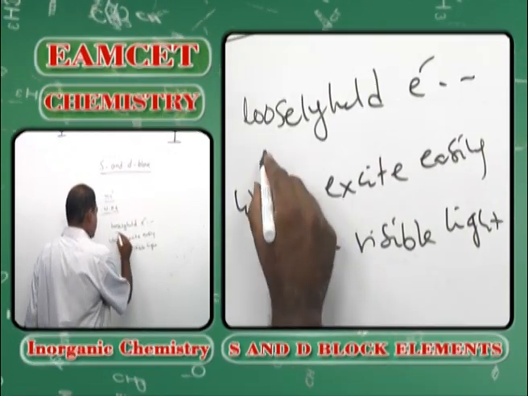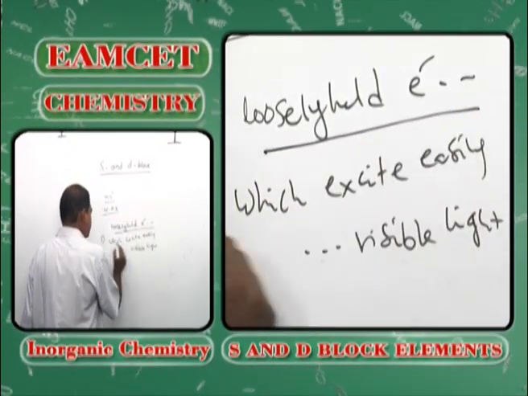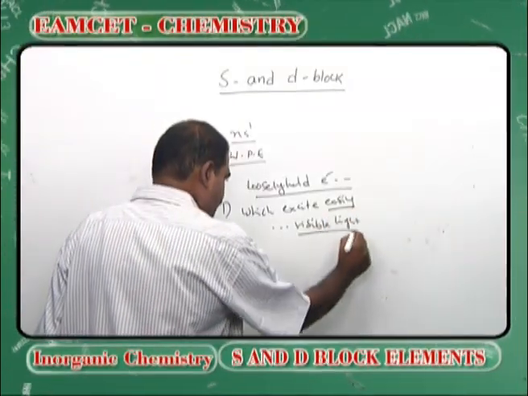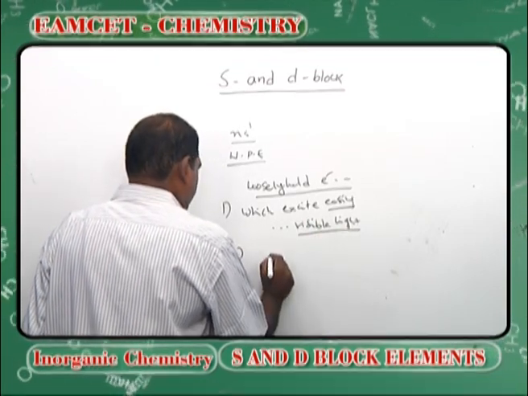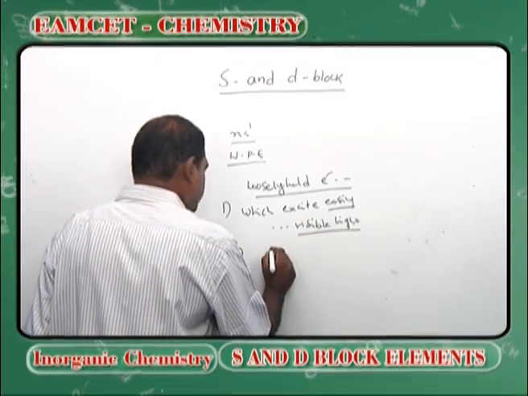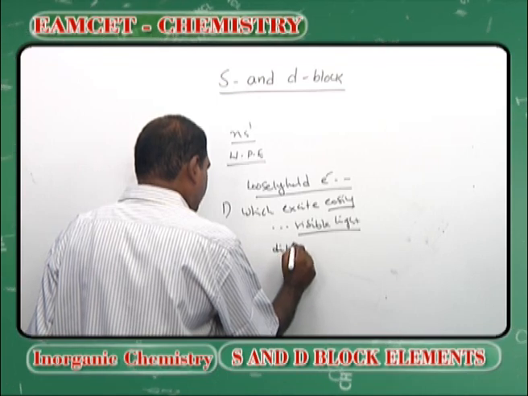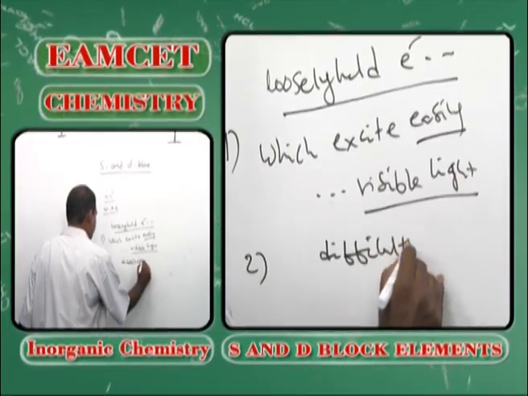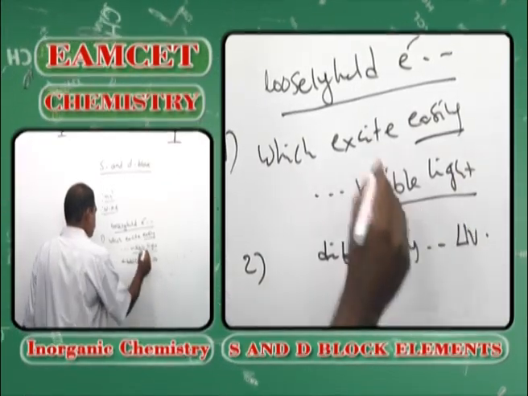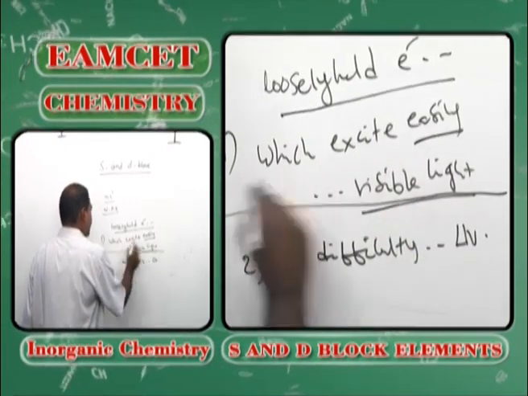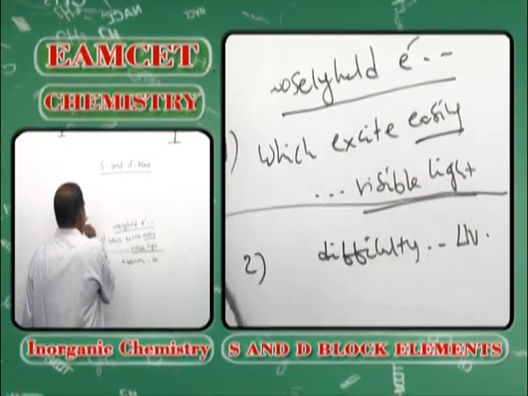So, loosely held electrons which excite easily means visible light, and those which excite with difficulty need UV light. Only when visible light is taken is a substance colored.